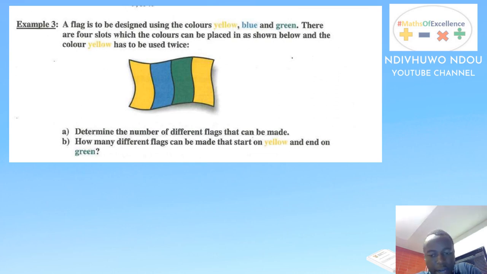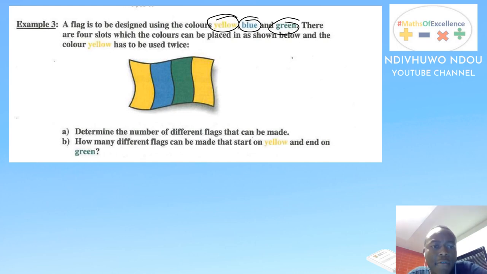Okay, let us move now to example 3. They tell you a flag is to be designed using the colors yellow, blue, green. So these are the colors that you must use when you're designing this flag.